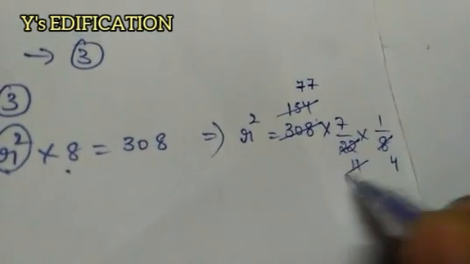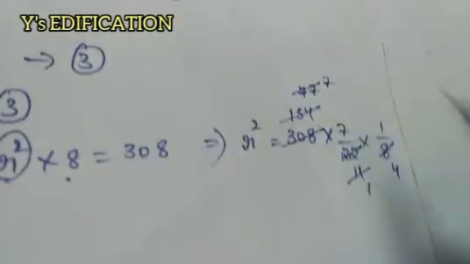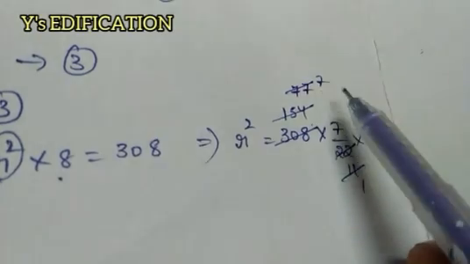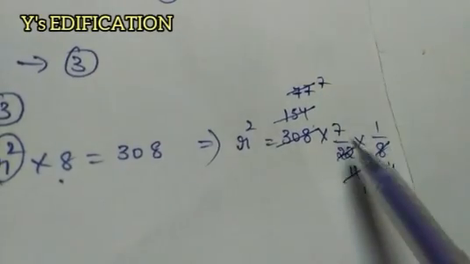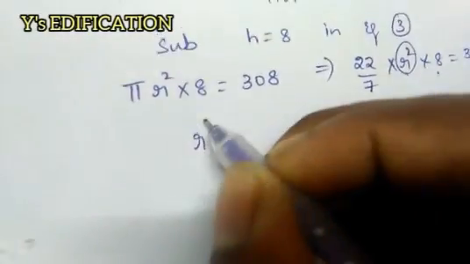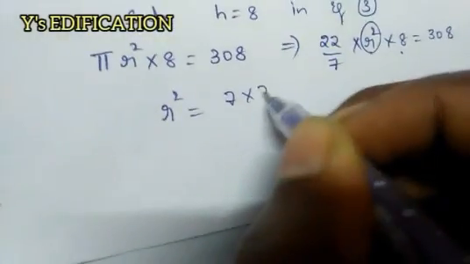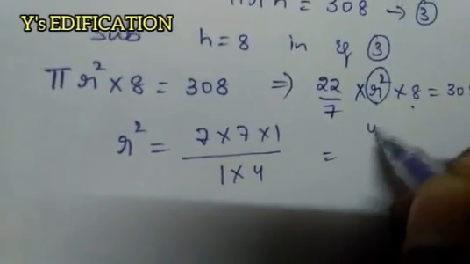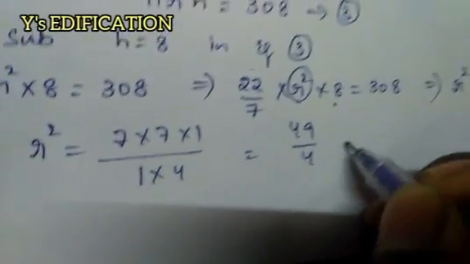Next, 11 1s are 11. 11 7s are 77. Now what are the remaining values left? 7 into 7 into 1. That means r square is equal to 7 into 7 into 1 by 1 into 4, that is 49/4.